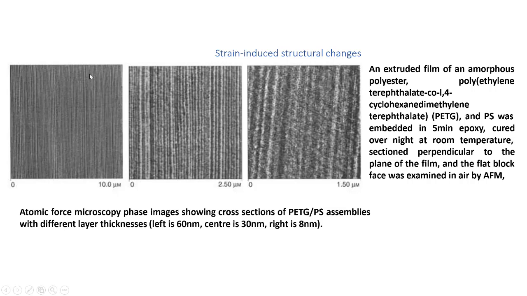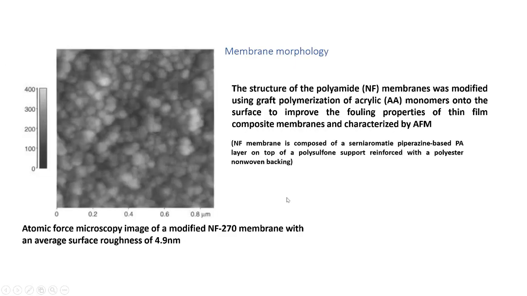This is the cross section of a PETG film, having different layer thicknesses. These three samples have three different layer thicknesses. The first one has 60 nanometer thickness, the center one has 30 nanometers, and the right one has 8 nanometers. So such very small thicknesses can also be observed in the AFM.